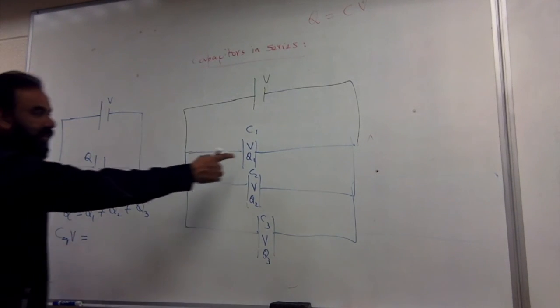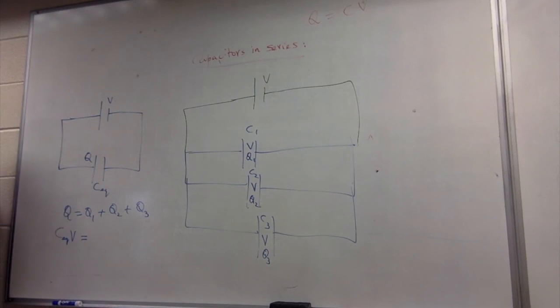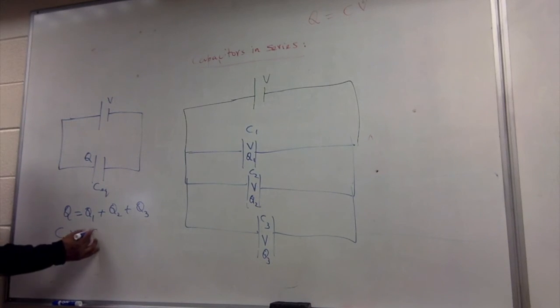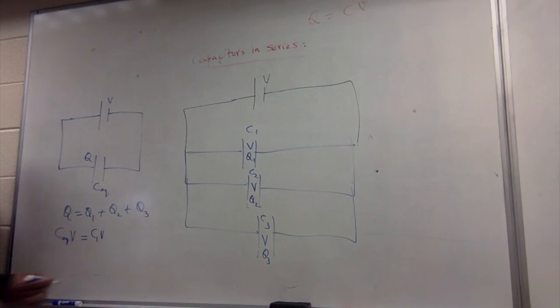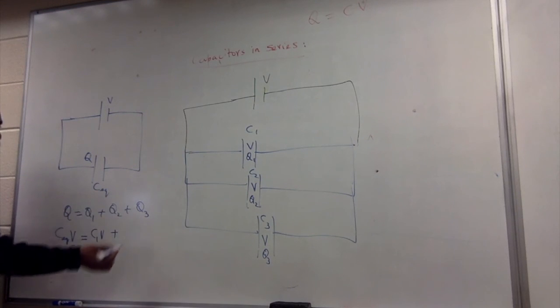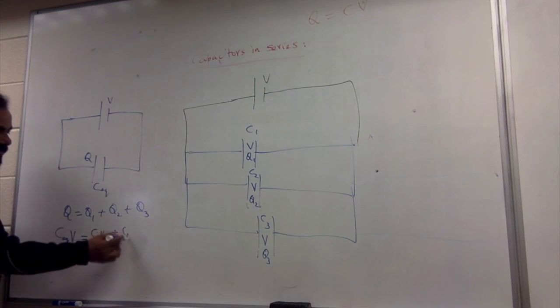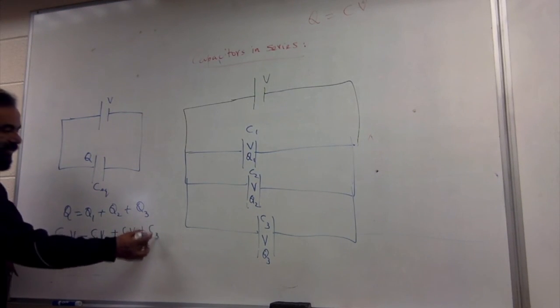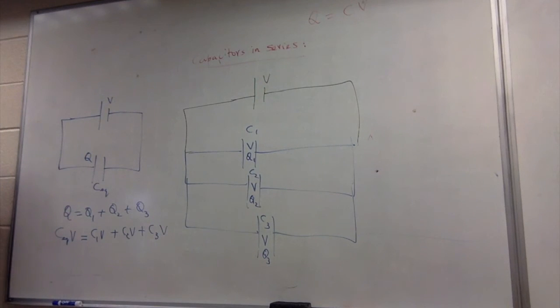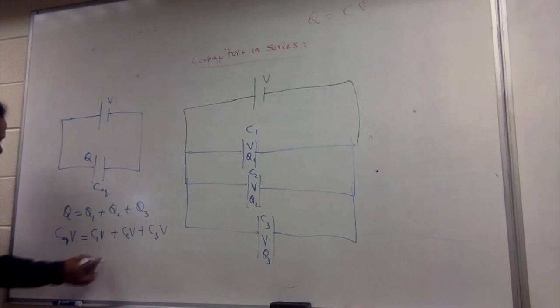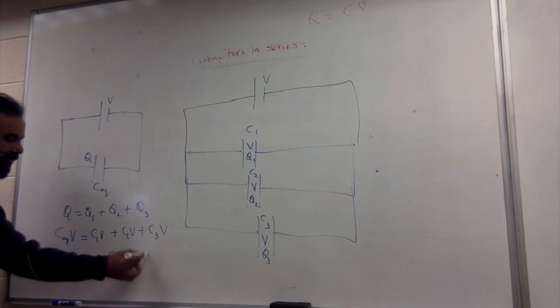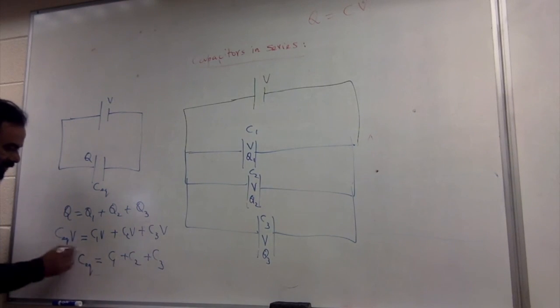What is Q1 in terms of these two? C1V. What is Q2 in terms of C2 and V? C2V. And that one is C3V. Divide throughout by V, and what do you have? C equivalent is C1 plus C2 plus C3.